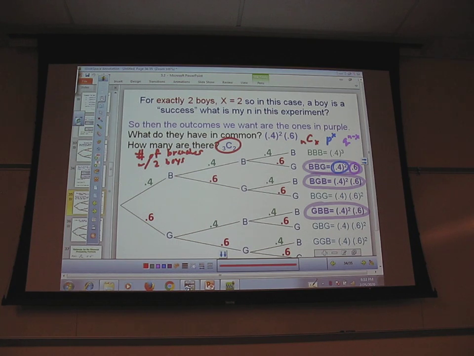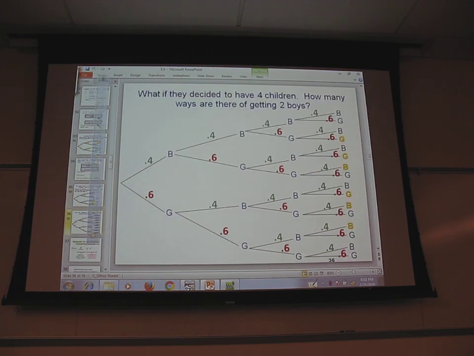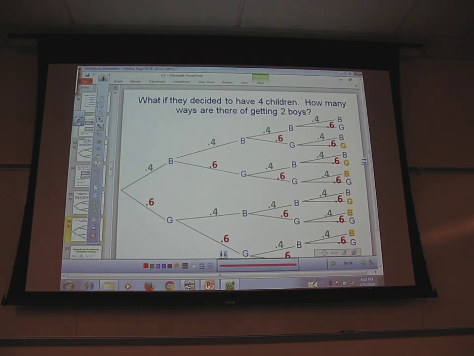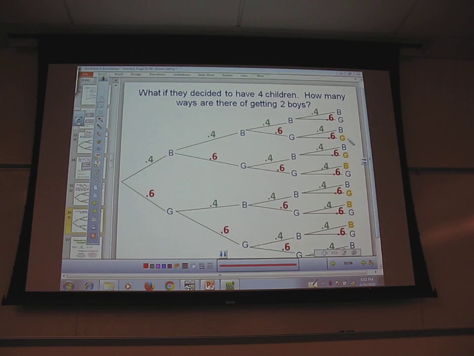Here's an example. Say I had 4 kids, and I'm looking at getting exactly 2 boys. All these here in orange and yellow are the ways of getting exactly 2 boys. Here are my 4 children. How many ways can I randomly pick 2 of them to be boys? These 2, or those 2, or those 2, or these 2, or those 2, or these 2. How many ways are there?